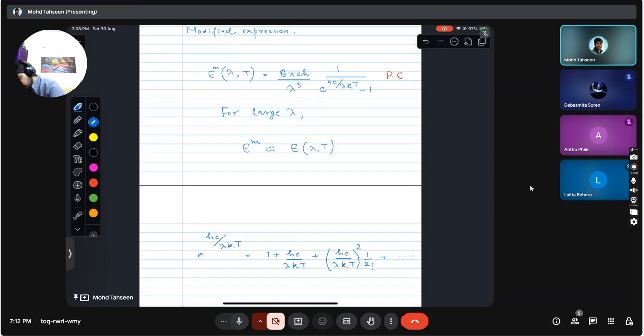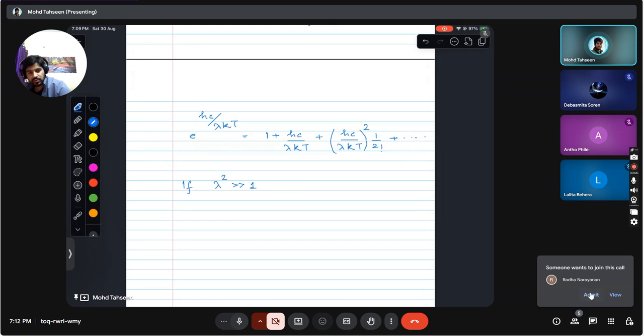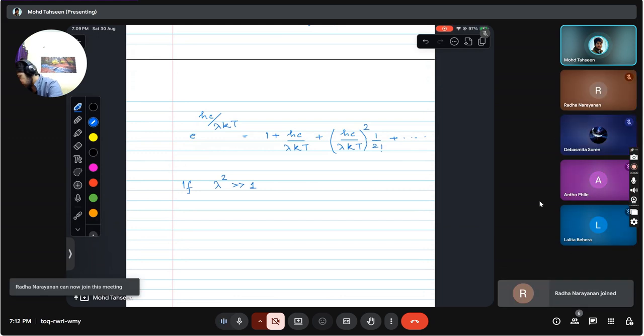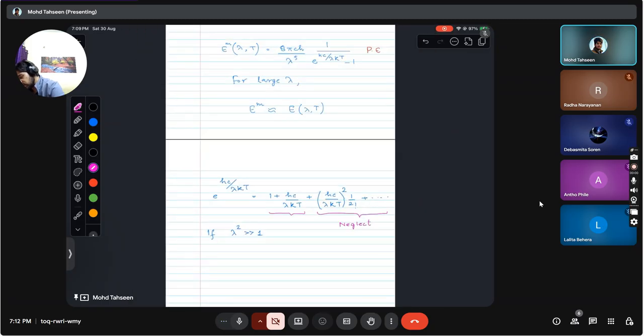And now if lambda is large, then lambda squared is even larger, and we can ignore the terms from this term onwards, neglect them, because they will be very small as lambda is in the denominator. Then we can keep only these two terms. I can shift this 1 to the LHS to get the value of this denominator.